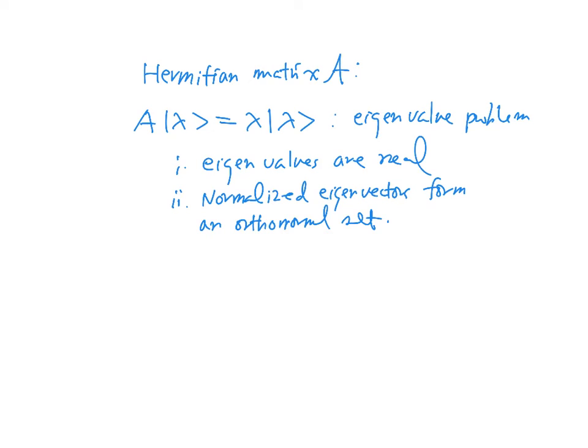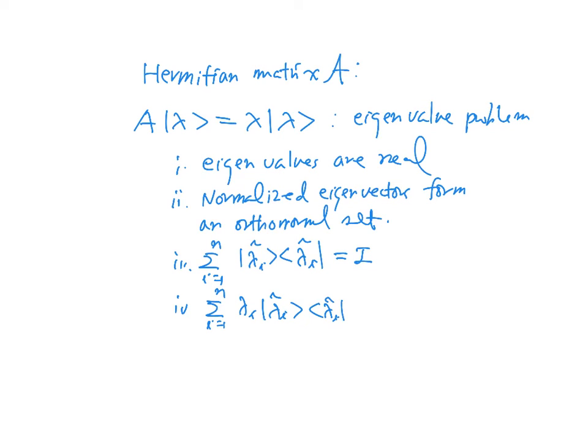Thirdly, the sum of the outer product of normalized eigenvectors is the identity. If the sum is weighted by the eigenvalue, it gives A. It's called the spectral theorem.